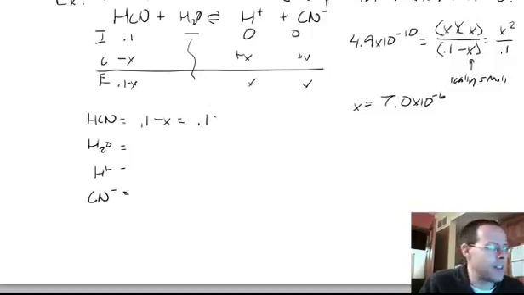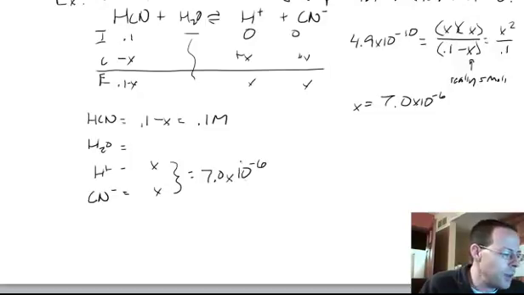It's not going to change. And then what about our H plus and CN minus? They are both x, so both of these have concentrations of 7.0 times 10 to the negative 6th. And then lastly, our water doesn't change, so I'll just put non-applicable.